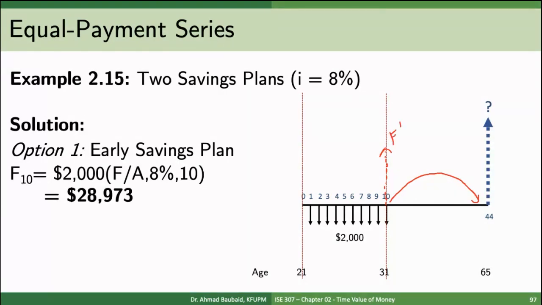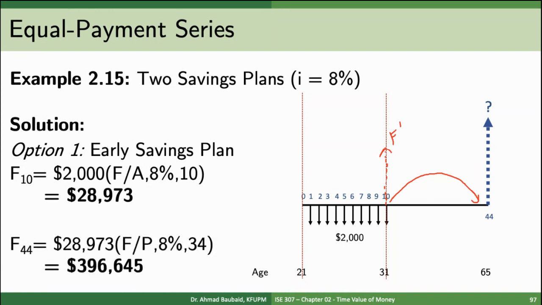You can think about this as f prime if you want, because this is not your final f. You apply the formula, you get this value, but then you need to take this value as I've drawn here and move it all the way to the future. How many time periods are you accumulating interest for here? It's 44 minus 10, so 34 time periods, which is here. And then you get your f. So this is for option 1.